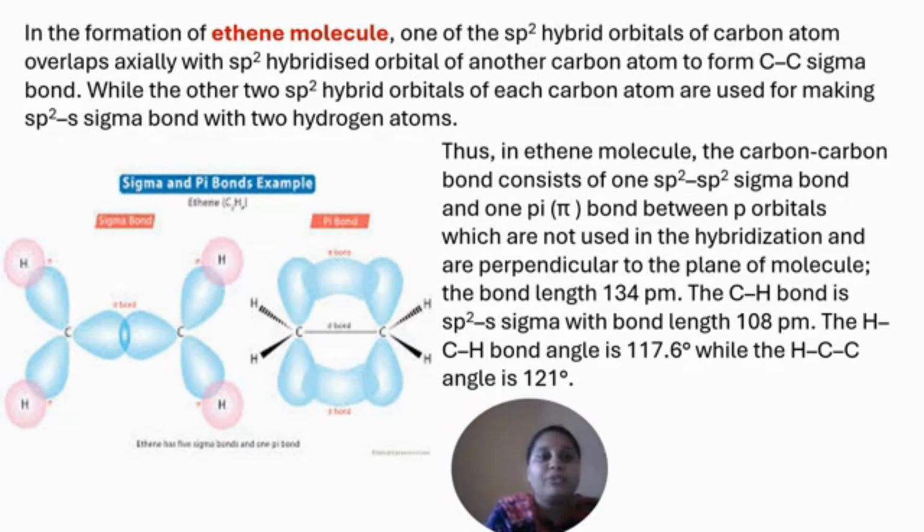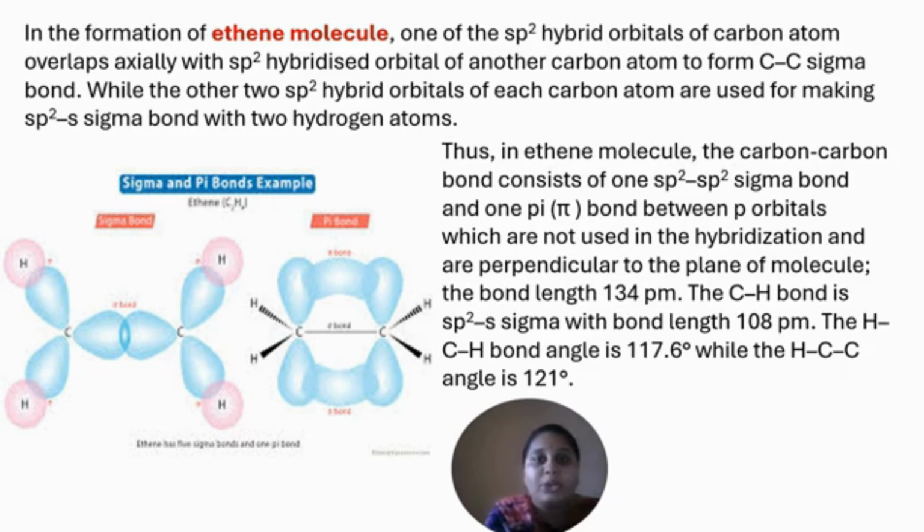In the formation of the ethene molecule, one of the sp2 hybrid orbitals of a carbon atom overlaps axially with an sp2 hybrid orbital of another carbon atom to form a carbon-carbon sigma bond, while the other two sp2 orbitals of each carbon atom are used in making sp2-s sigma bonds with the two hydrogen atoms.